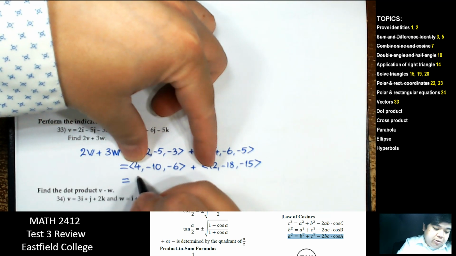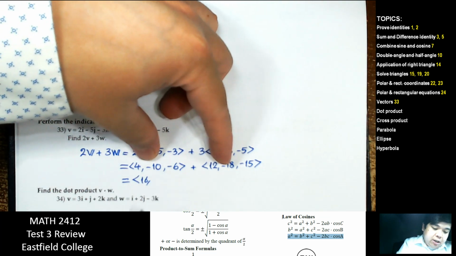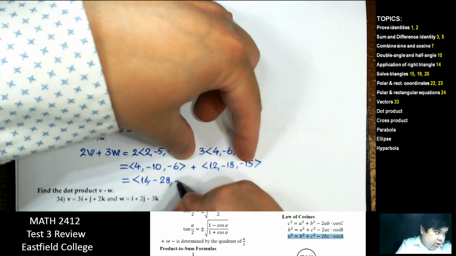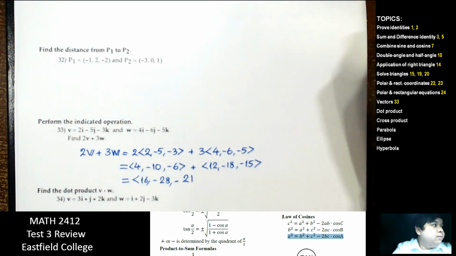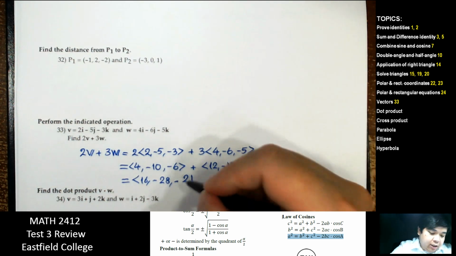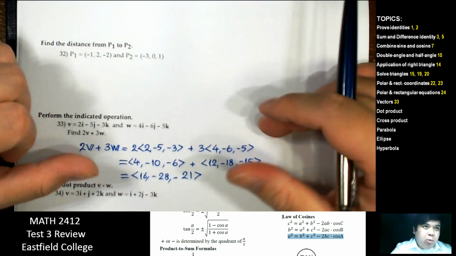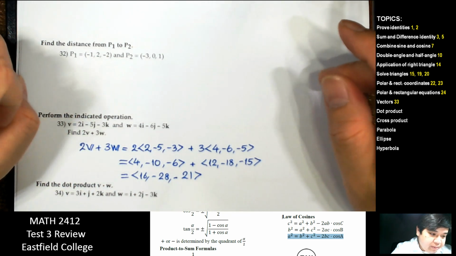The first two give us 16, negative 28, negative 21. And we can just give the answer in this angular bracket notation.